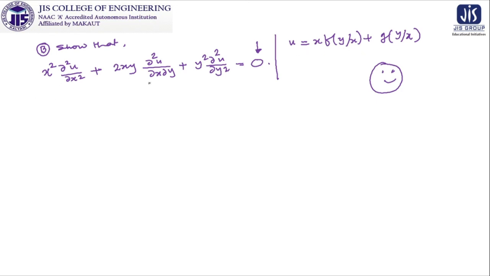So the approach is same, and you have to use Euler's theorem for first order first, and from that you will get x del u del x plus y del u del y is equal to some expression, because here u is not a homogeneous function, but we are able to find out x del u del x plus y del u del y.